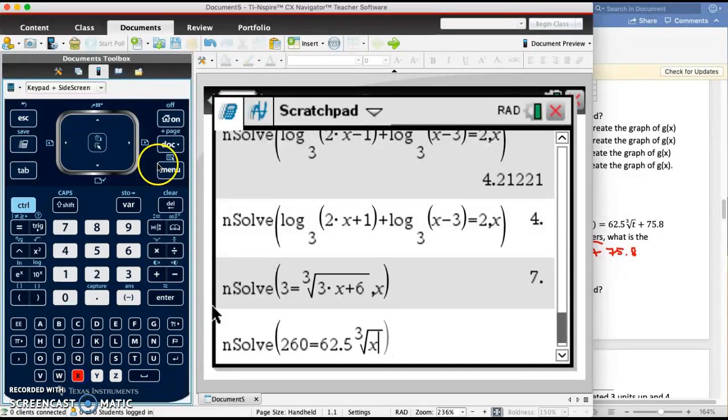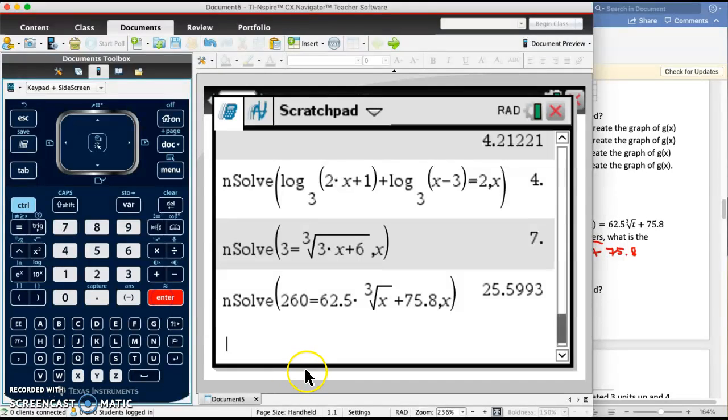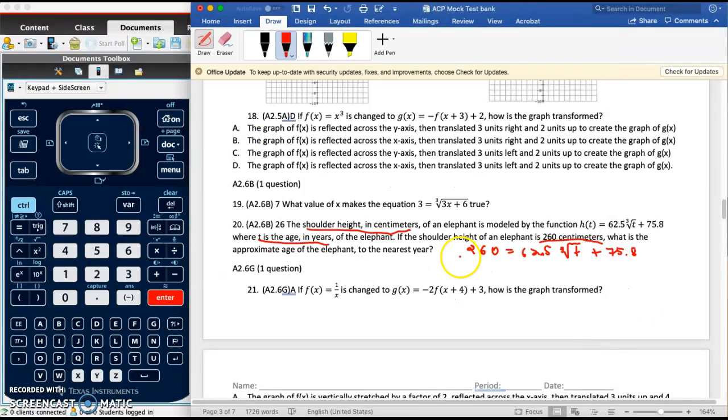Don't use t. Of 75.8, so plus 75.8, comma x, and I press enter. That gives me 25.5993. Now they said to the nearest year, so I would round that up to 26 as my answer.